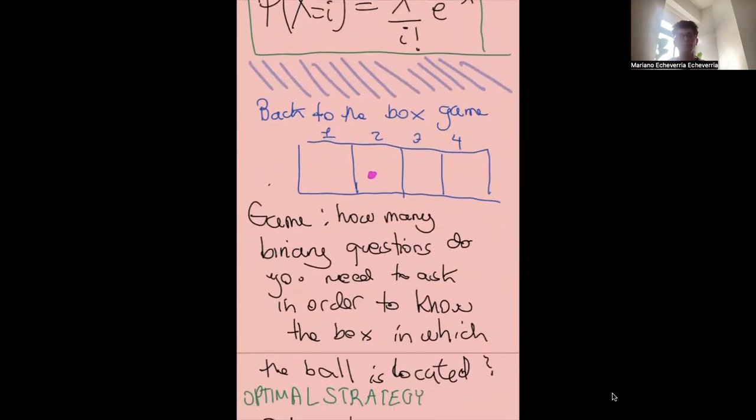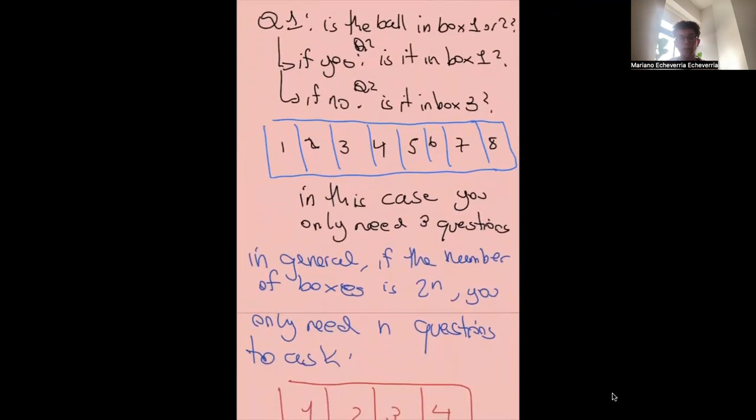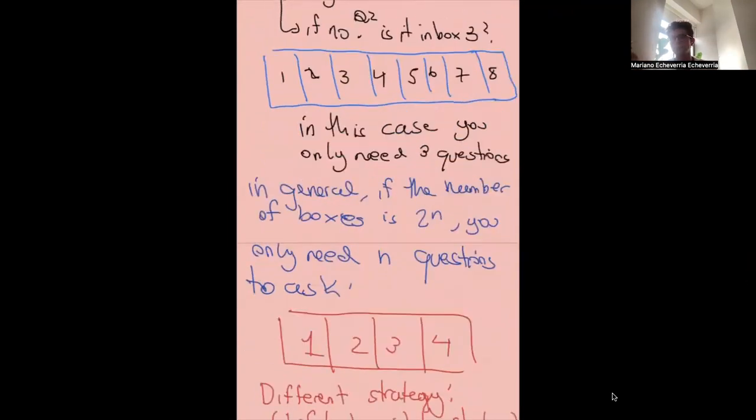And if you ask the questions in this way with 8 boxes, you can only know for sure on the 3rd question. With n boxes, you can only know for sure on the nth question. So you can never know for sure until you have done the n question, so you can never win before n.